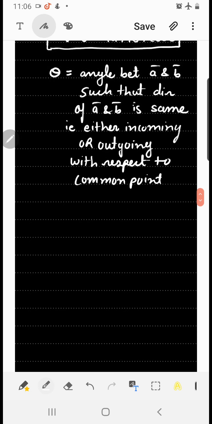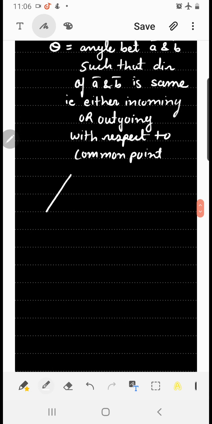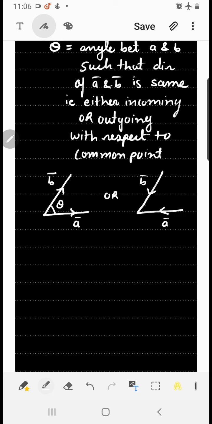Now what I mean by this, let us understand diagrammatically. I have two vectors here. Okay, this is the angle between them. This is A bar. Since A bar is outgoing, B bar has to be outgoing. Or we can also have something like this: if A bar is incoming, then B bar has to be incoming, then only we can take this angle as theta.